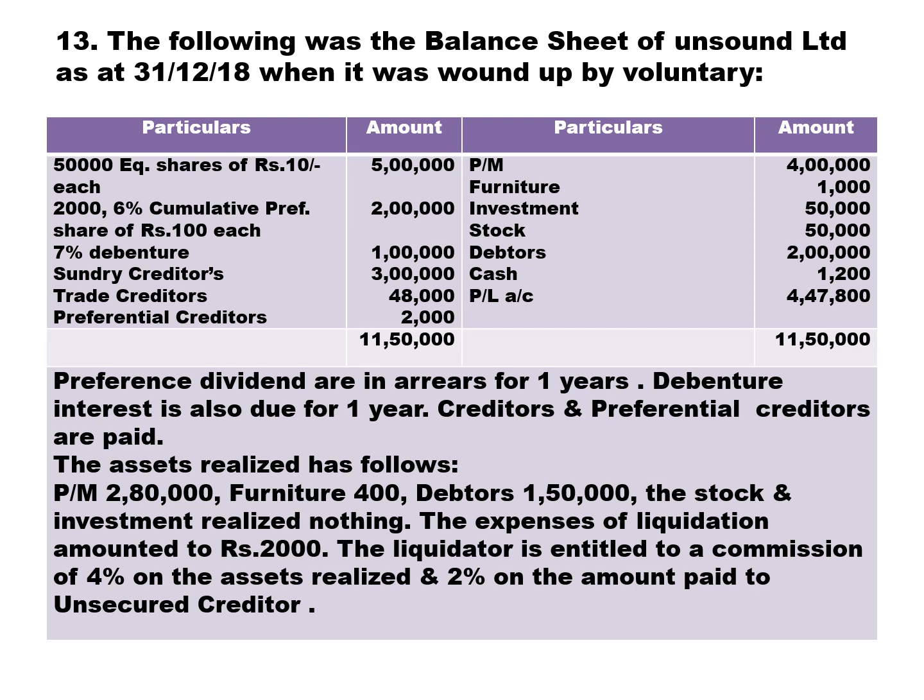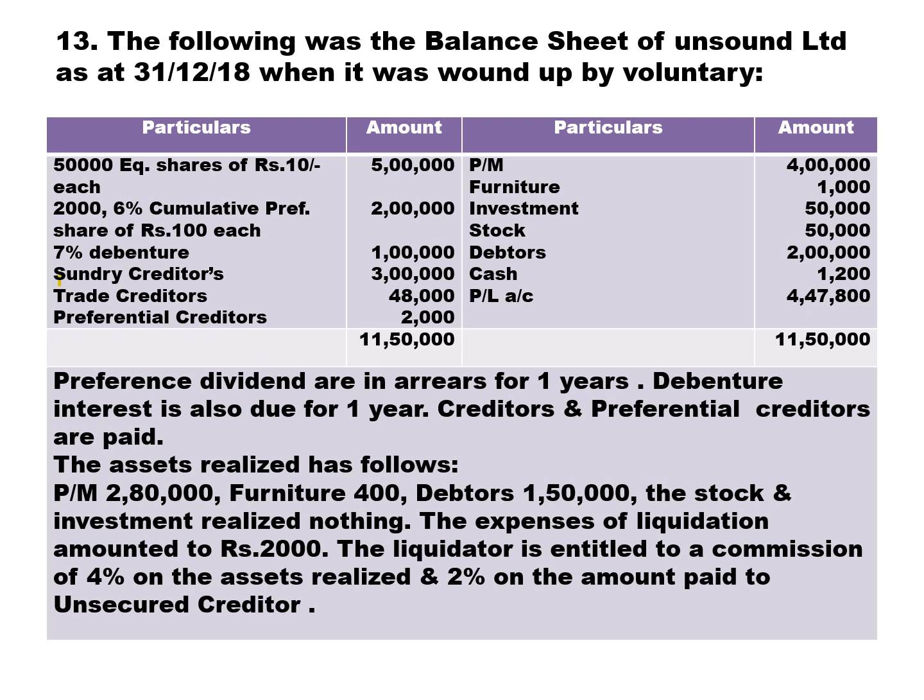unsecured creditors. So we have 50,000 equity shares of rupees 10 each, 5 lakh, 2,000 6% cumulative preference shares of rupees 100 each, 2 lakh, 7% debenture, 1 lakh.